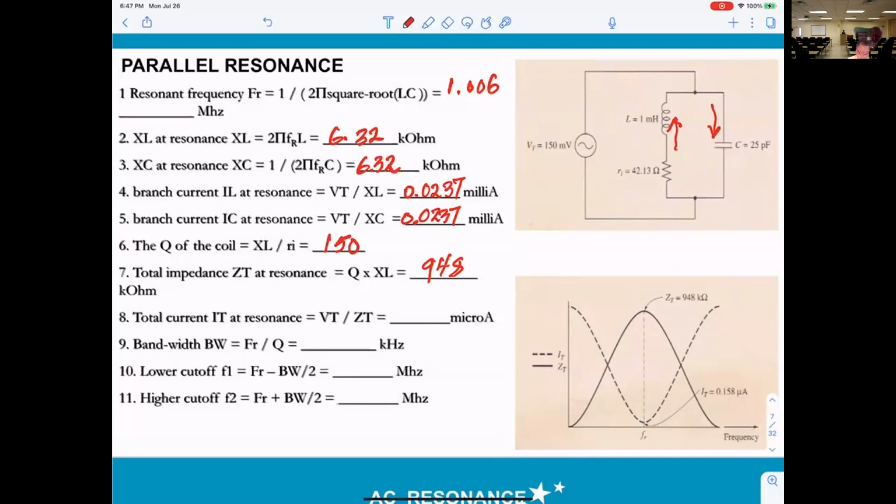Number 8. Total current. You take the VT divided by the ZT.